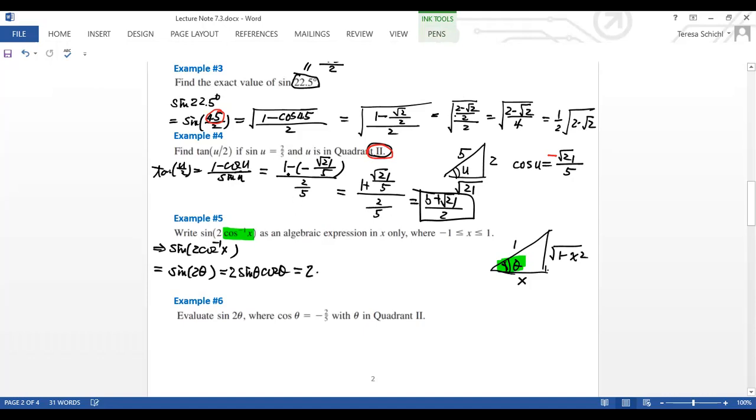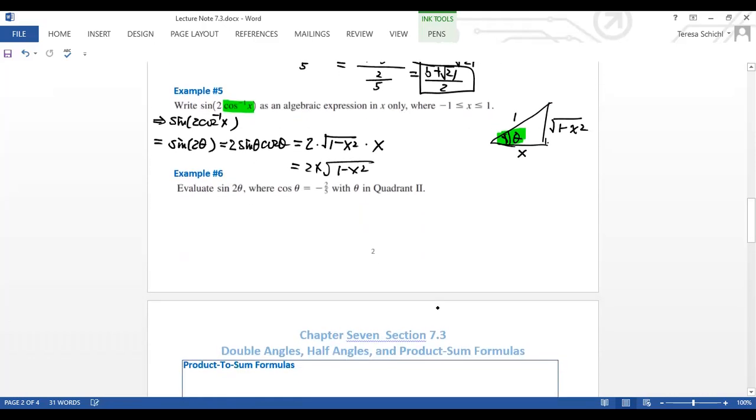Sine is the opposite over the hypotenuse, which is the square root of 1 minus x squared, and cosine is x. So the answer here is 2x times the square root of 1 minus x squared. So now the next one.